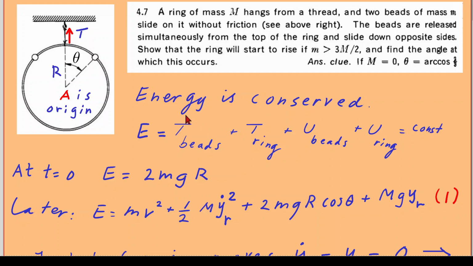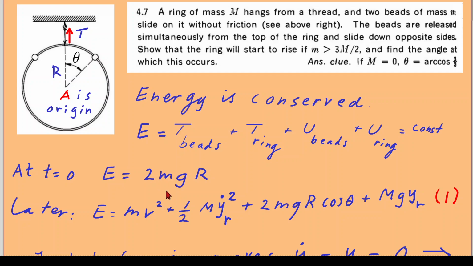The ring is not moving; it's at rest, and as I already said, the potential energy of the ring is 0 as long as its center of mass is in the origin. So the only potential energy is from the beads. And when they are both up here, it's mg times the height, mgR, and then there are two of them. So 2mgR, right?